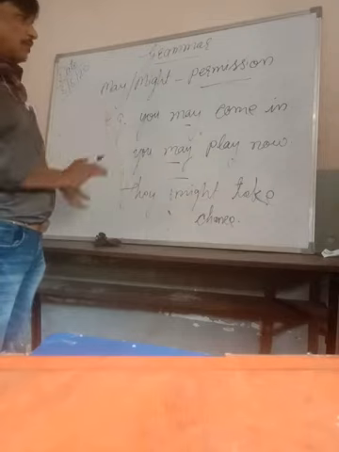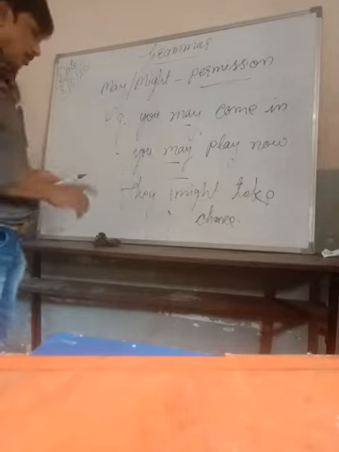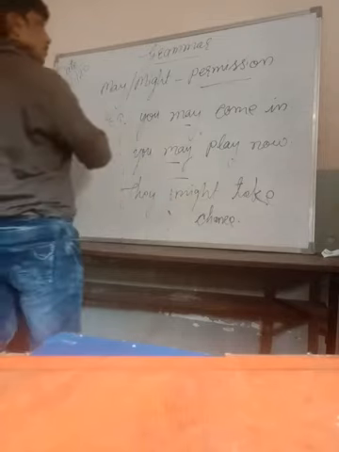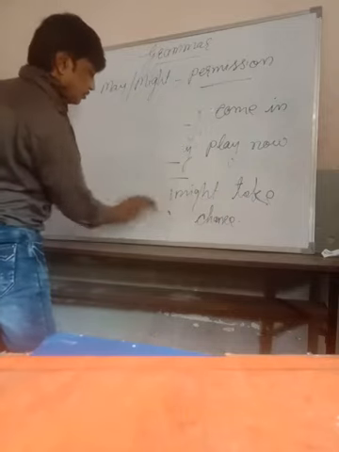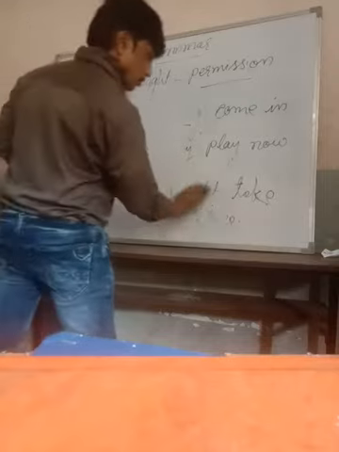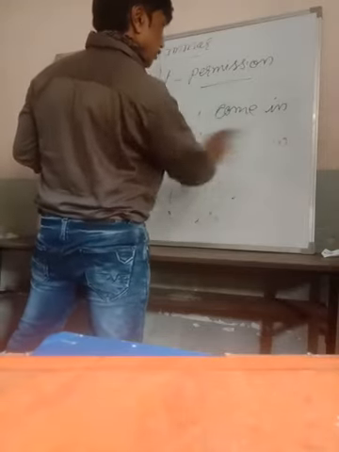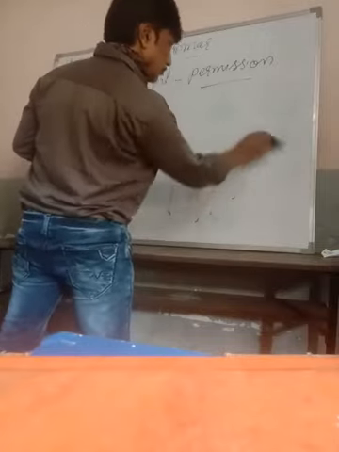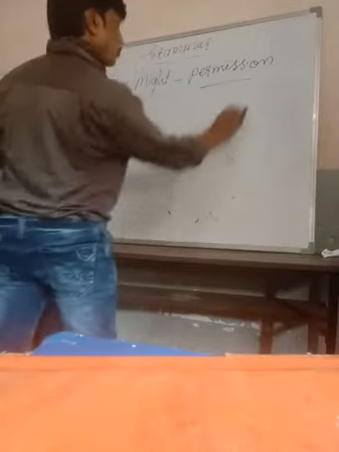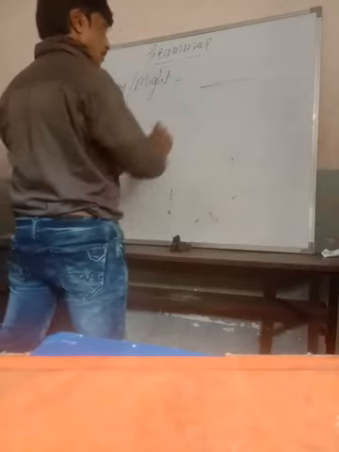So all these sentences showing the permission that may and might indicate. Another thing that shows possibility now. It shows possibility also.